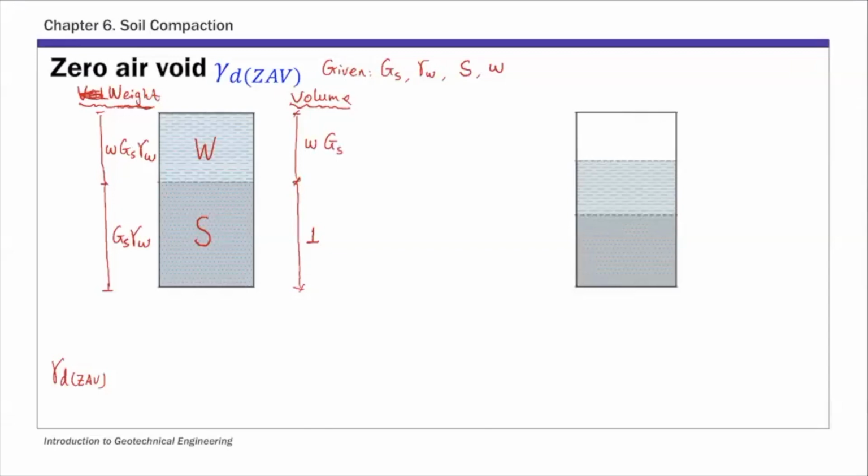The only step I skipped is this one here, WS. WS is gamma S times VS, and gamma S is GS gamma W, so that's how I get that GS gamma W term, since VS is 1. Once you have the completed phase diagram, gamma D ZAV is the weight of solids over the total volume.